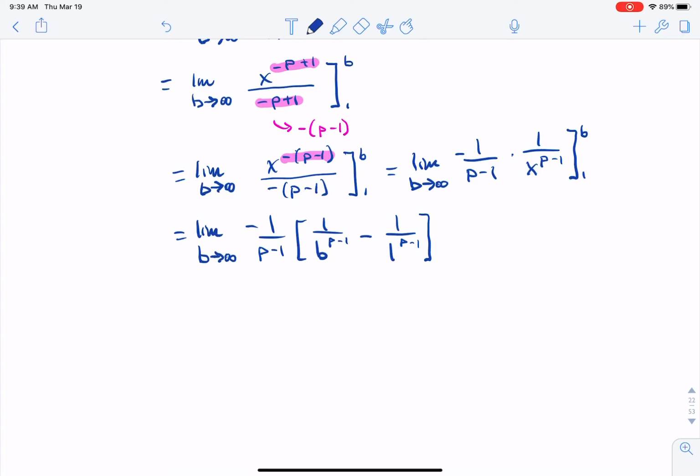All right, and now we're almost there. This part, of course, that's just 1, right? Because 1 to the, I don't even care what power, it should just be 1. That's some sort of finite value, so it's just 1. And then over here on the left-hand side, maybe I color this one in blue. As b goes to infinity, this number on the bottom is getting infinitely big, the top's staying 1, so that's getting closer to 0.